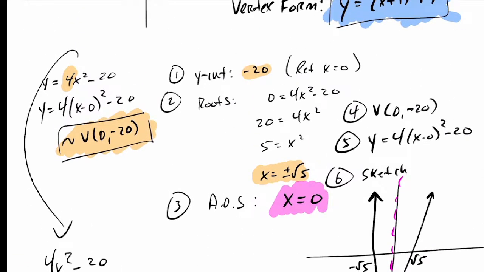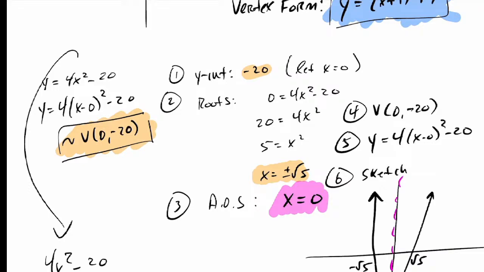But what happened was this question was already in vertex form. So the question you're asking, we were already in vertex form. I rewrote it like this in vertex form. So I know the vertex was 0, negative 20. So there's my axis of symmetry right here, x equals 0.